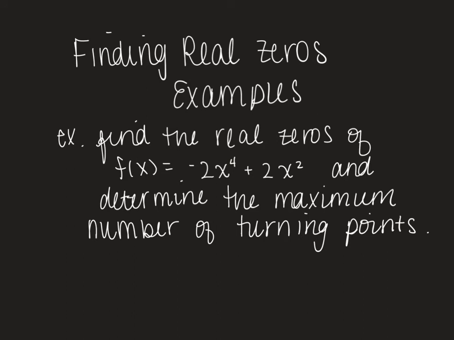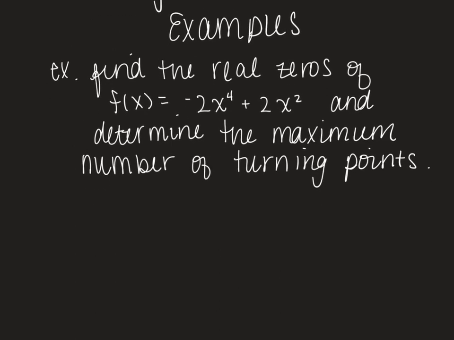So we have our function, f of x equals negative 2x to the fourth plus 2x squared. They're asking us to determine the maximum number of turning points and also the real zeros. So let's start with the easy one, the maximum number of turning points.